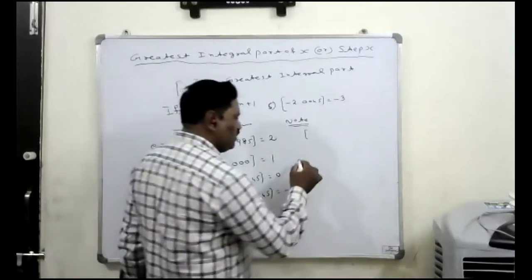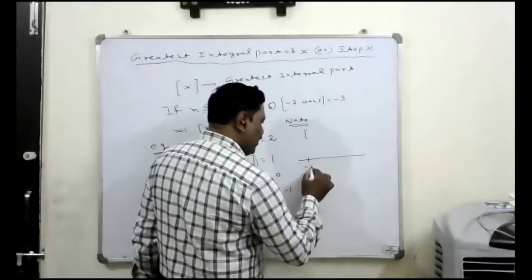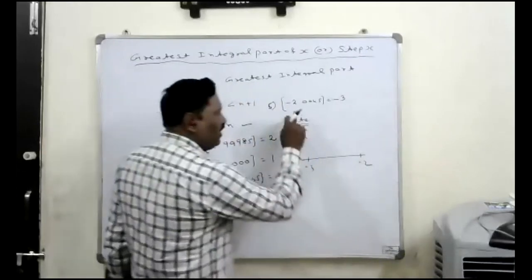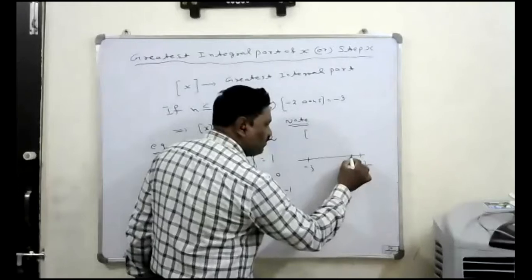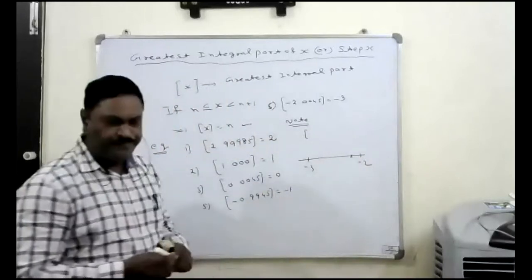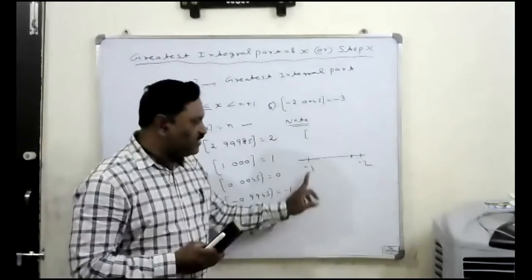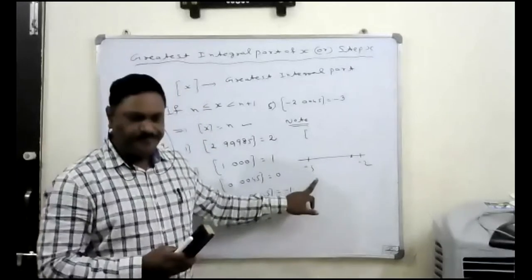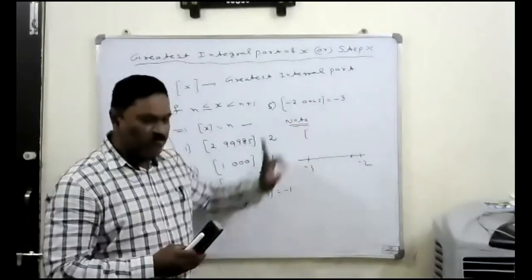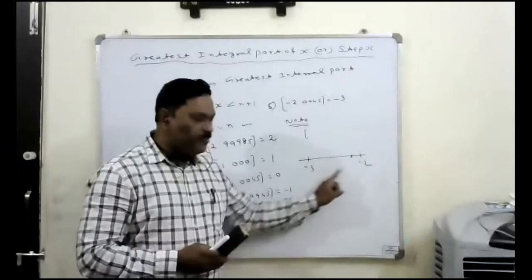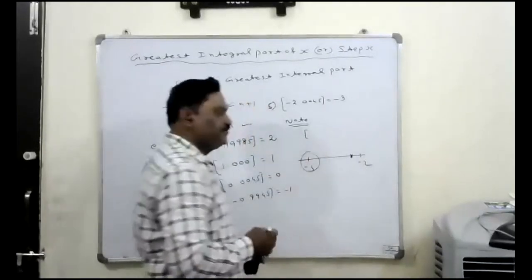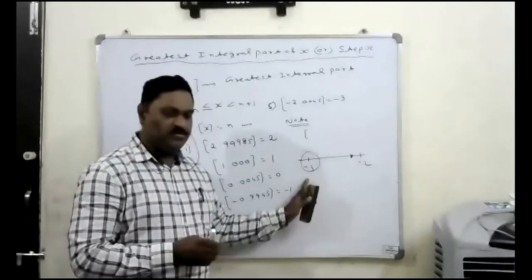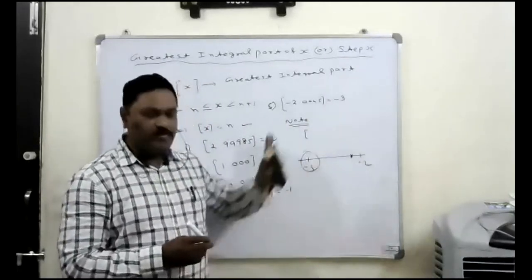Because minus 3 and minus 2 are there, right? Minus 2.0045 is smaller than minus 2, ना? Means this value lies between minus 3 और minus 2. तो इसका पहले इंटीजर क्या है? Minus 3. So that's why this value is equal to minus 3.